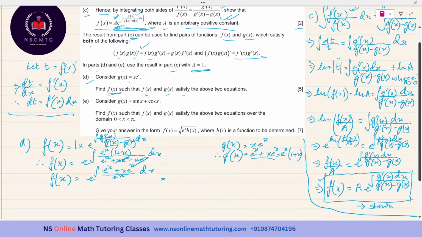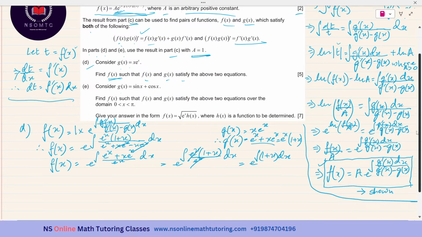Taking e to the power of x as the common factor, this is basically equal to e to the power of the integral of 1 plus x dx.